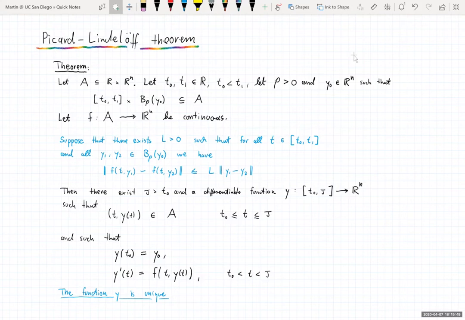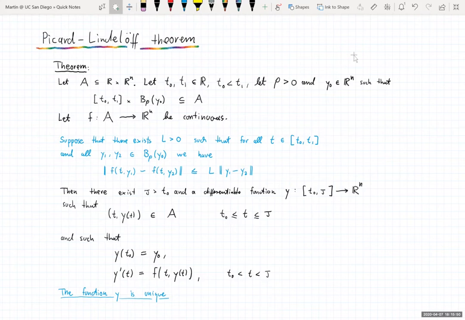And we also have that the function y is unique. So uniqueness means that when I know t0 and y0, the initial condition, then there exists one and only one solution to that initial value problem for some additional time after t0.